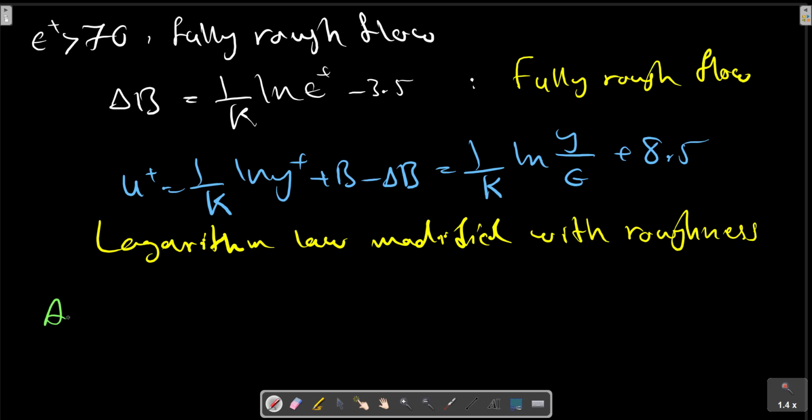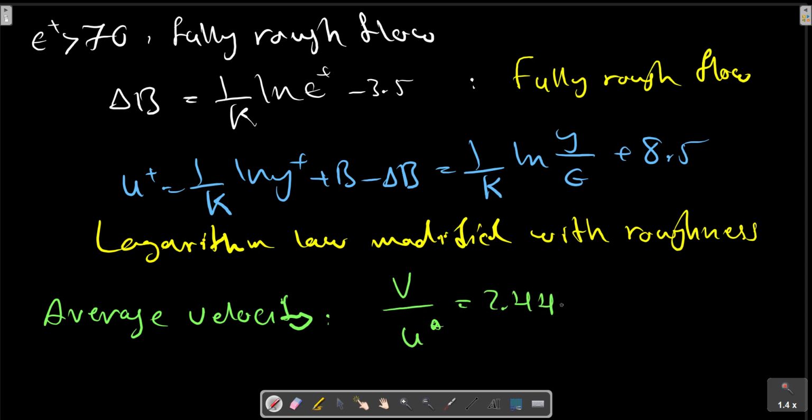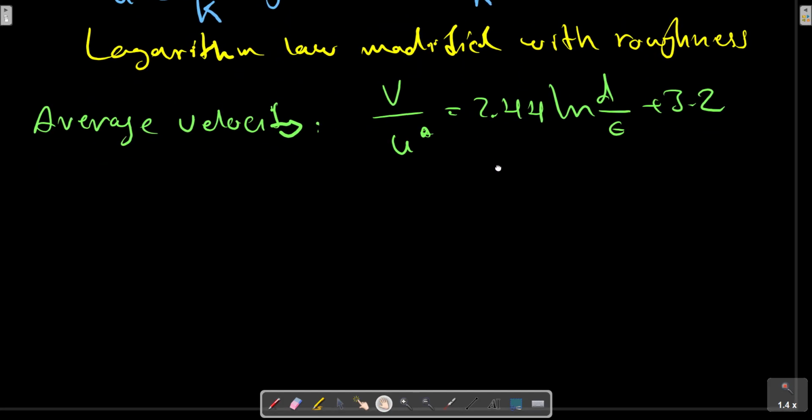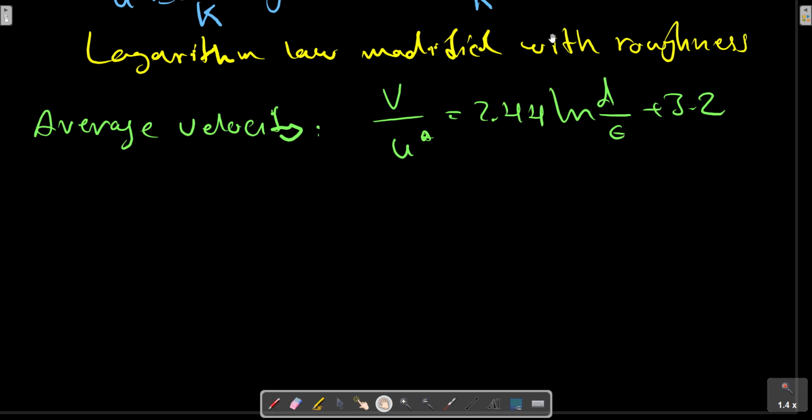Let me write the average velocity in the pipe, V over u star equals ln D over epsilon, or we can write as a function of friction factor.